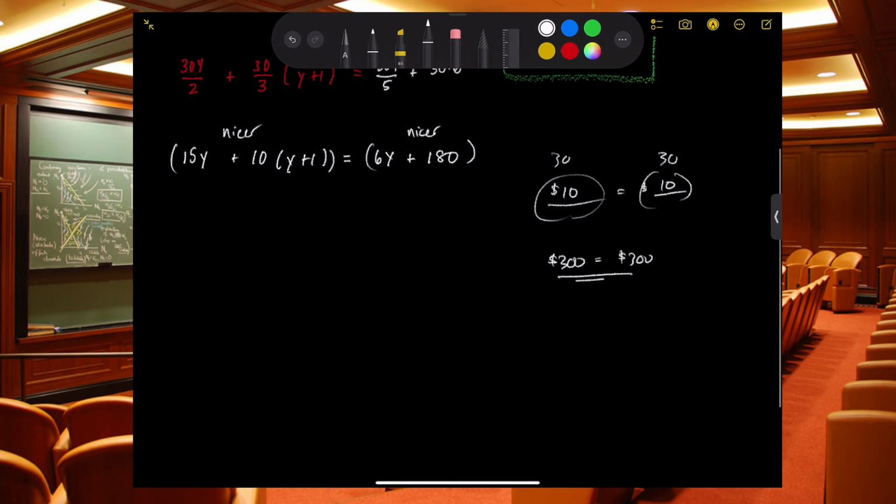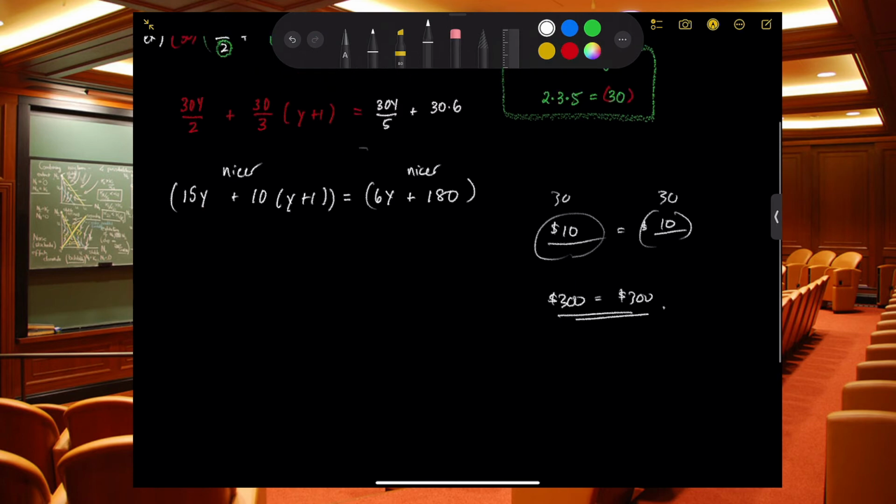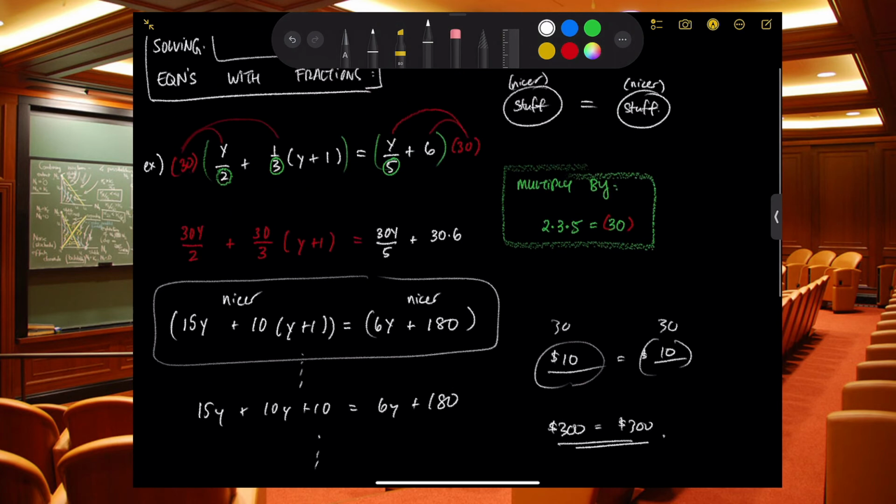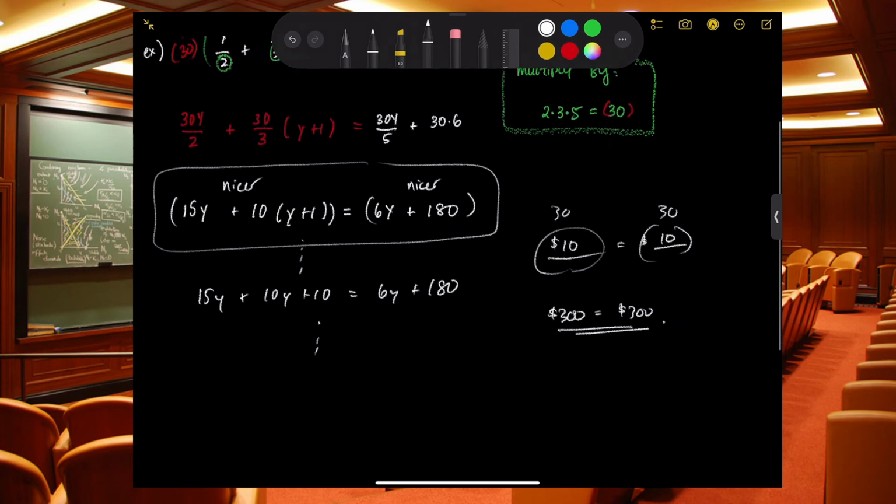So this is still a true sentence, just like this is. Even though it looks very different, it means the same thing, and the same values of y will make it true, and that's important. So now you can go through and solve this, as you would: 15y plus 10y plus 10 equals 6y plus 180, and then go about isolating y and solving for it using the principles of 1.5.